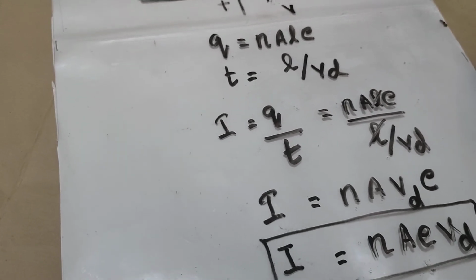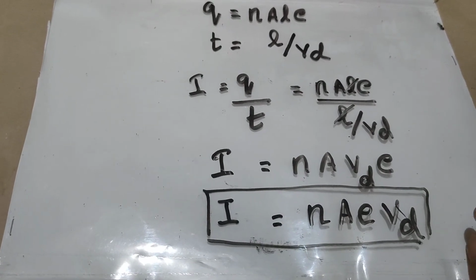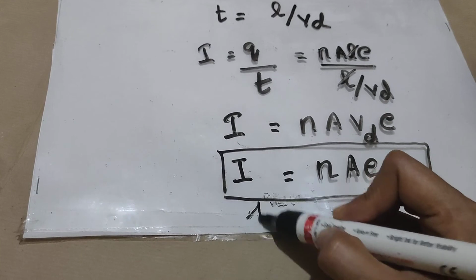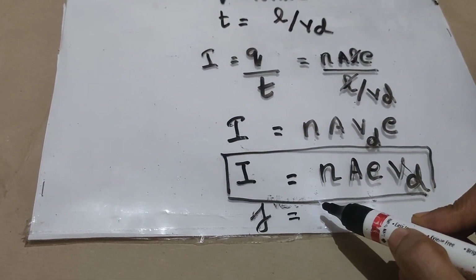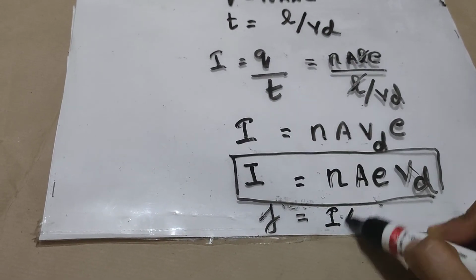We are familiar with one more term, current density, denoted by J. What is current density J? J is equal to current by area.